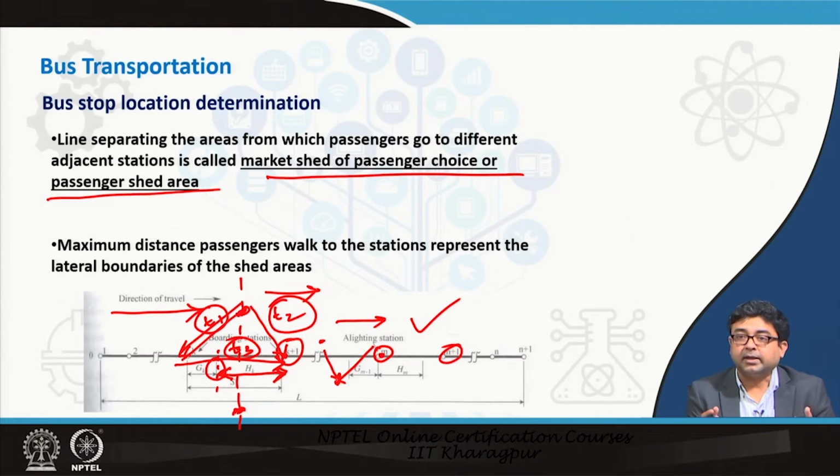That is the trade-off you are making. Now it is just the opposite: you want to get off at the earlier station and then walk towards your final destination, rather than get off at the later station and walk back to your destination, right. So that determines the market shed line. Okay, that is what is called the market shed area or the market shed line.